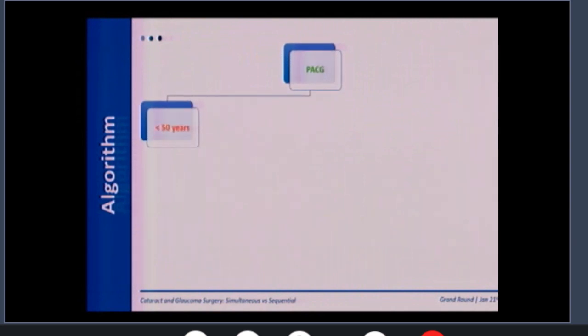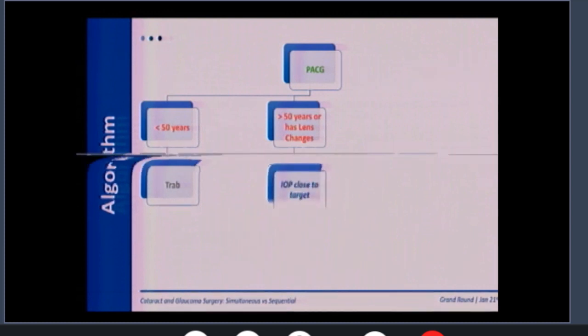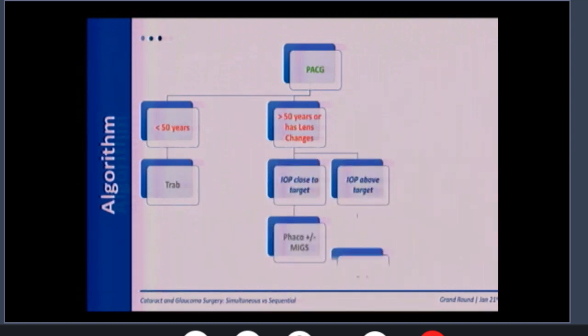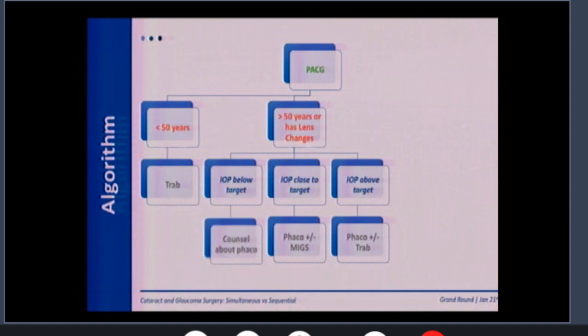If the patient has angle closure, management is a bit different. If he's less than 50, and here I'm talking about angle closure needing surgery, so pressure is high, so below 50, still hasn't lost accommodation, just a filtering procedure. If above 50 or has lens changes, I would consider phaco no matter what the IOP is. If the IOP is controlled, I would counsel the patient that the phaco would actually benefit his glaucoma, especially if the vision is 20/30, 20/40, not perfect.